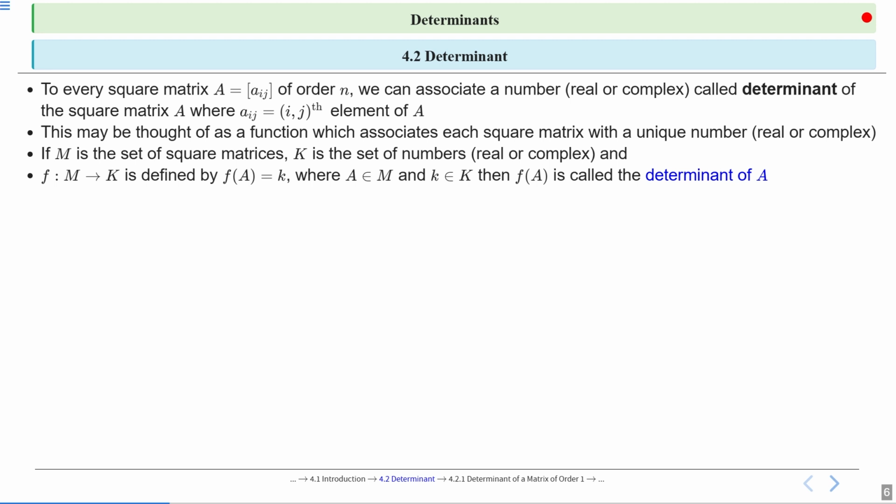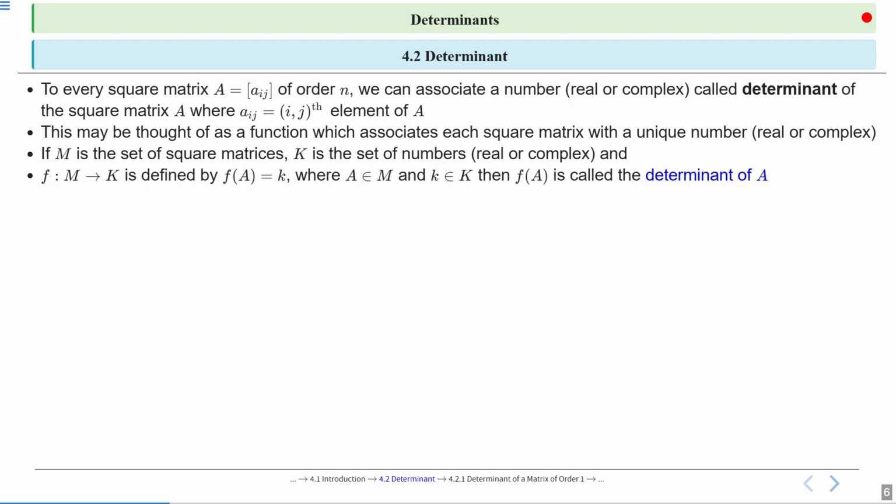So the determinant is defined from M: we take a matrix from M, that is A, and we map it to an element. That element comes from the set K, and we just associate it, or we can say we relate that matrix with that number. So we relate a matrix A with a number k.